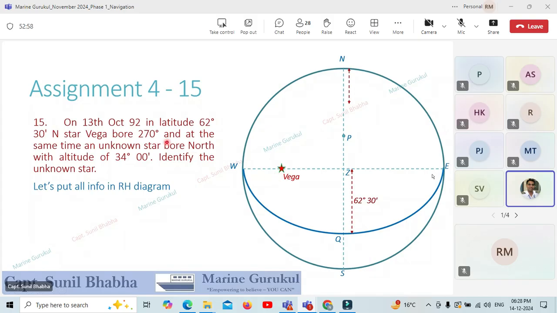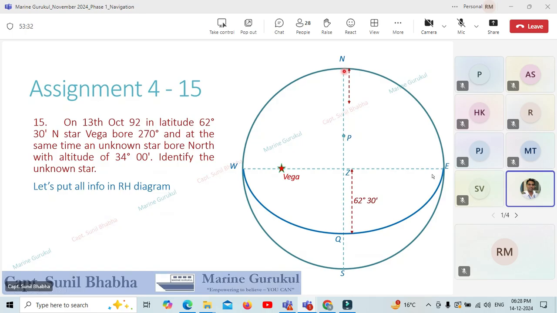Now the next information given in the question is that the unknown star bore north with an altitude of 34 degrees. At the same time when Vega was sighted, the unknown star was bearing north with the altitude of 34 degrees. Now coming back to our diagram, the ZN line represents the north bearing or 000 bearing. So the unknown star has to be somewhere on this line.